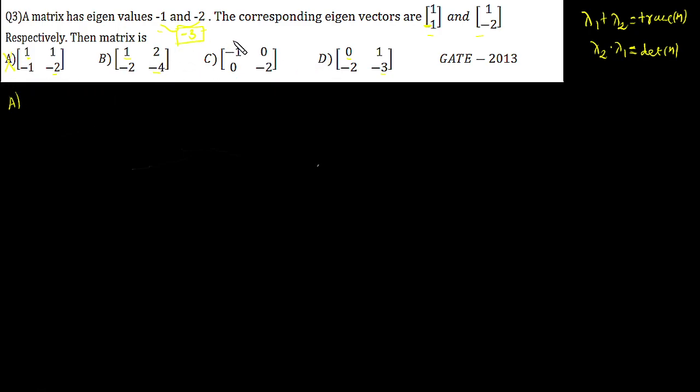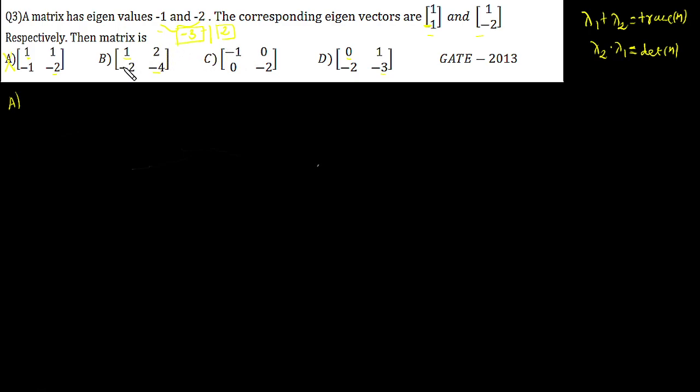Now the second step is to find the determinant, and from this property we can say the determinant of the matrix must be +2. So from these three matrices we have to select the one with a determinant of 2.